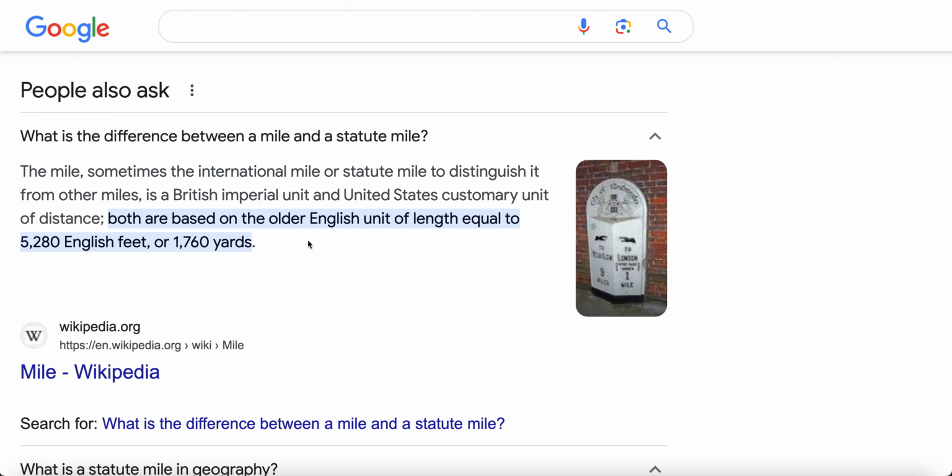So if there's 5,280 feet, and feet are linear, that means there's 5,280 linear distances making up one big linear straight line distance, right? The statute mile is a horizontal distance measurement. It's a straight line measurement. Inches are straight line measurements, feet are straight line measurements, and miles, statute miles, are straight line measurements.